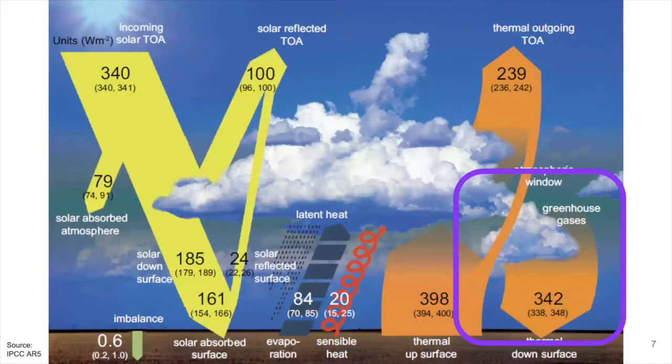On this diagram, the greenhouse gases are shown within the purple box. You see that the greenhouse gases let a little bit of the thermal energy coming from the Earth back out, but a lot of it actually gets trapped back down. This is what's throwing off the balance of energy into the Earth versus energy out.